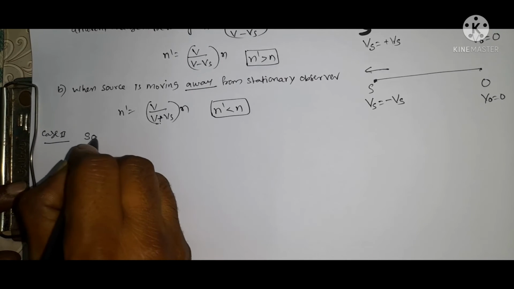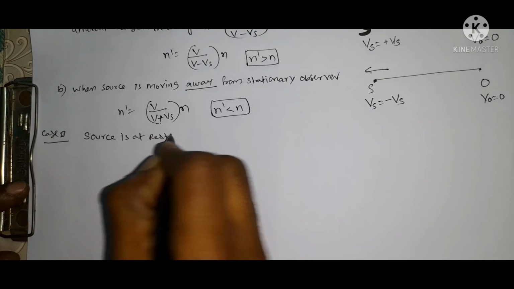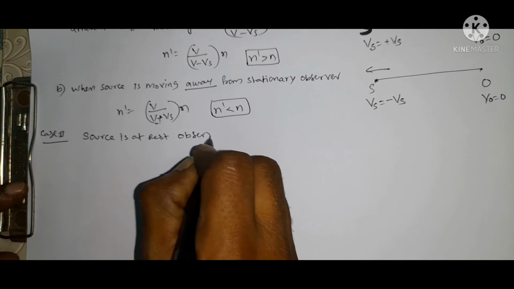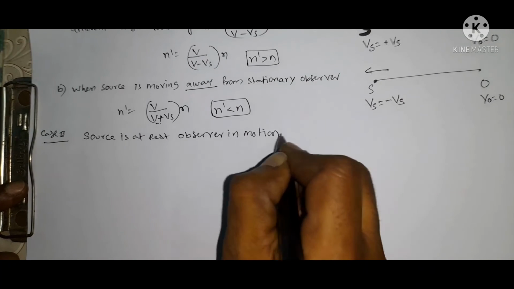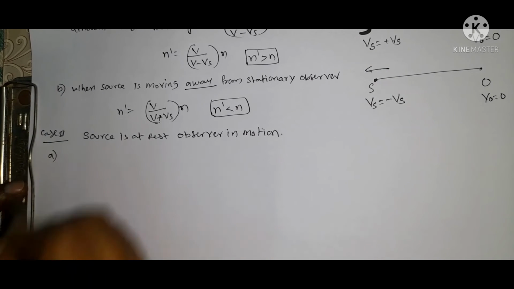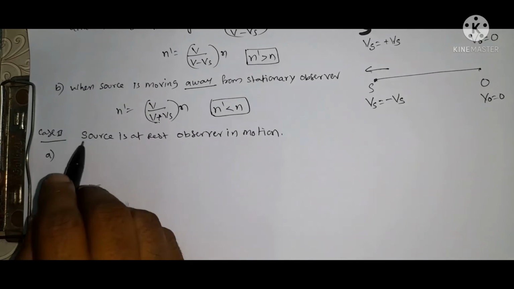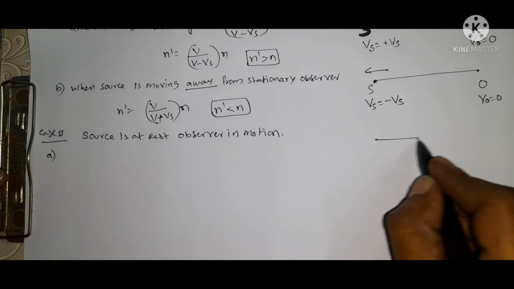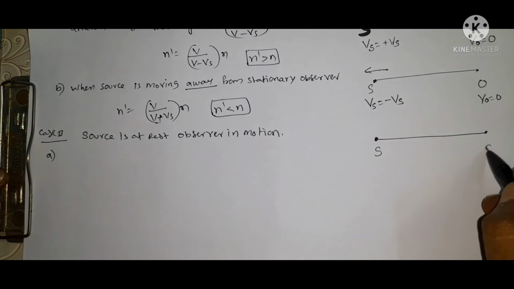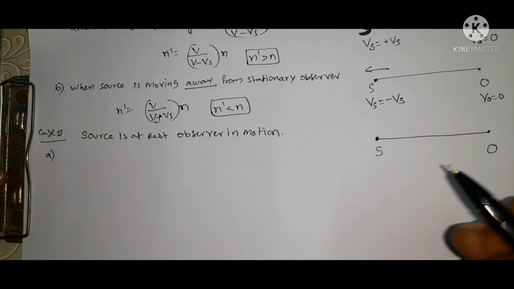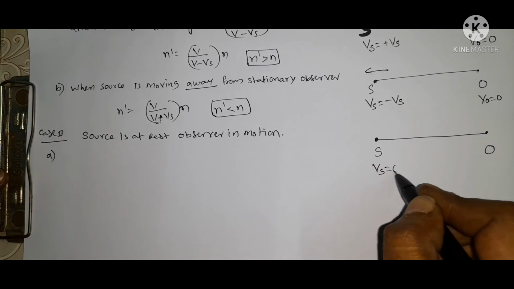Again, put a line here. This is the source, this is the observer. Don't change the positions. The source is at rest, that means the velocity of the source is always 0.